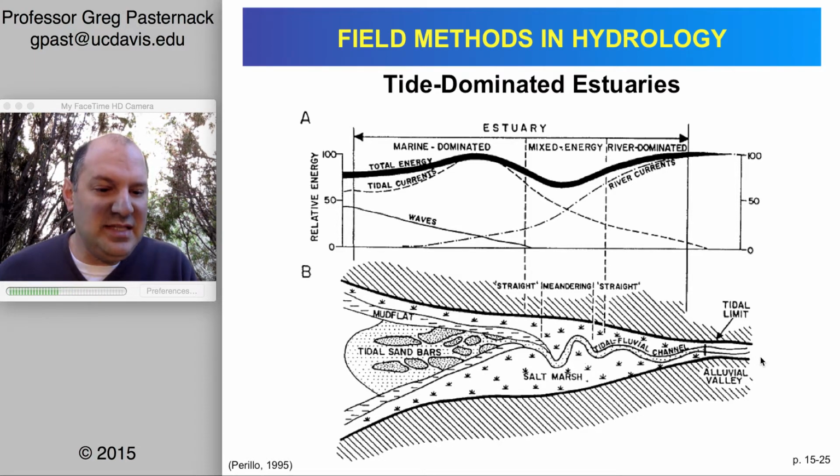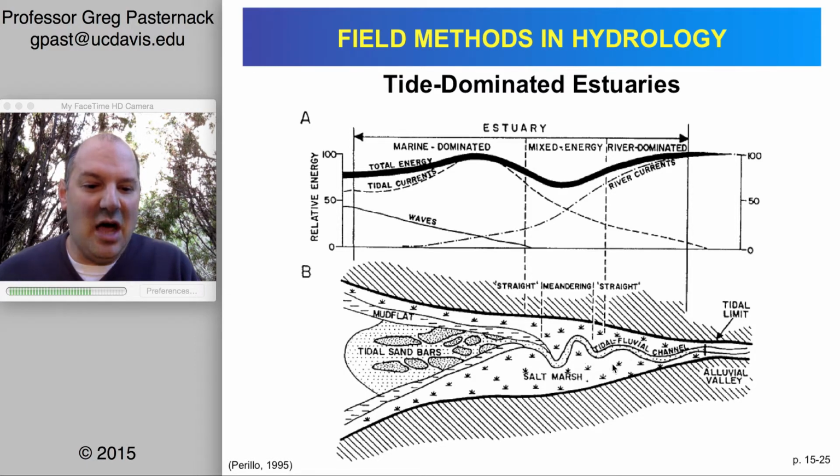So what that means now is that you have sand and mud being transported by the river and sand coming in from the open ocean, and those are all going to be redistributed primarily by the tides.